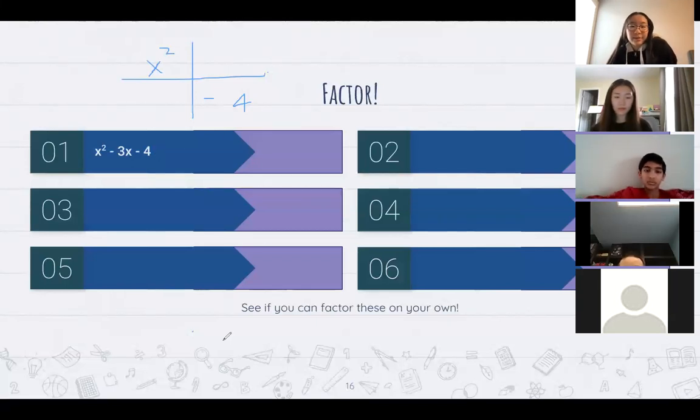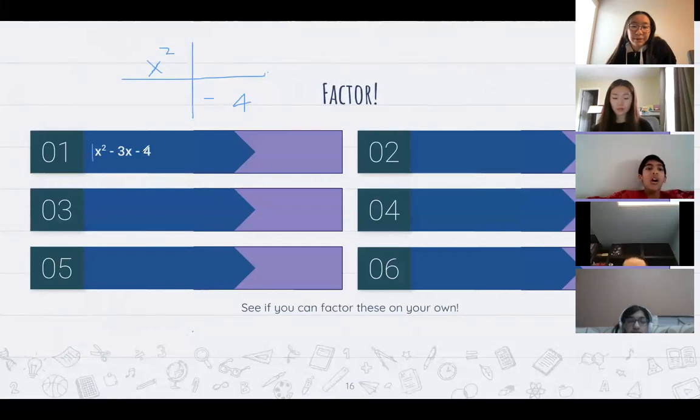Okay. All right, and then the next step is to multiply a times c. So remember, a here is technically just a 1, and we do a times c. So 1 times negative 4.